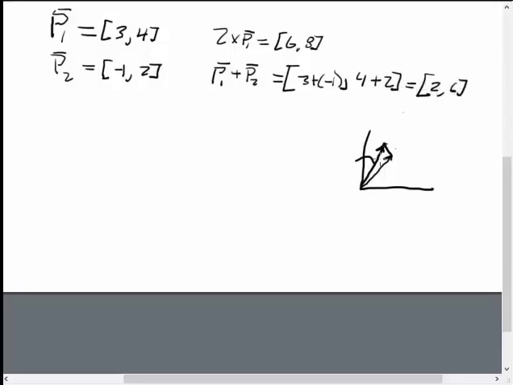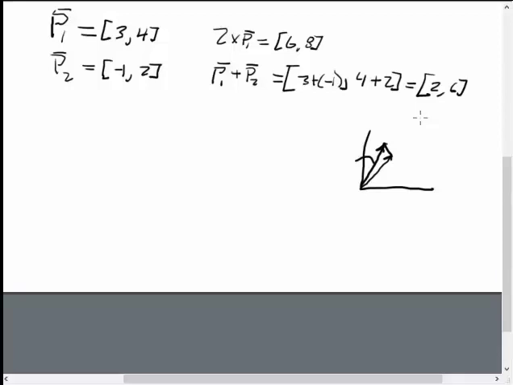In the first case, in x, I went over 3 and back 1, that gives me 2. And for the y coordinates, I went up 4, and then I went up 2 more, so that gives me 6. So vector addition is simply adding the two sets of components together. I add my x components together, I add my y components together.